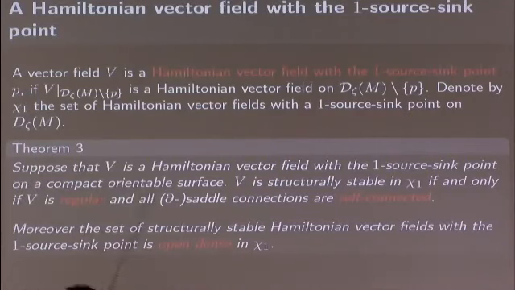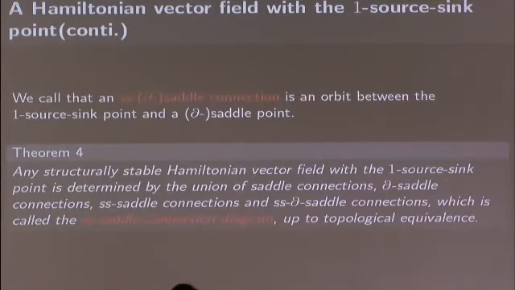And we also get a similar result. We call an SS saddle connection or SS boundary saddle connection an orbit between the one source sink point and the saddle point or boundary saddle point.